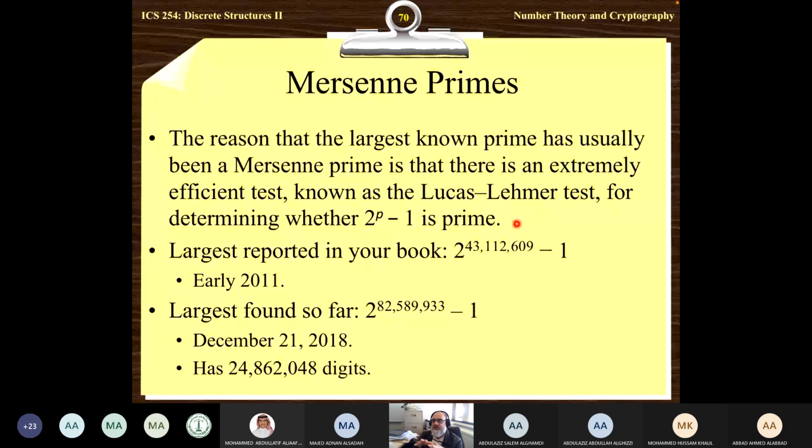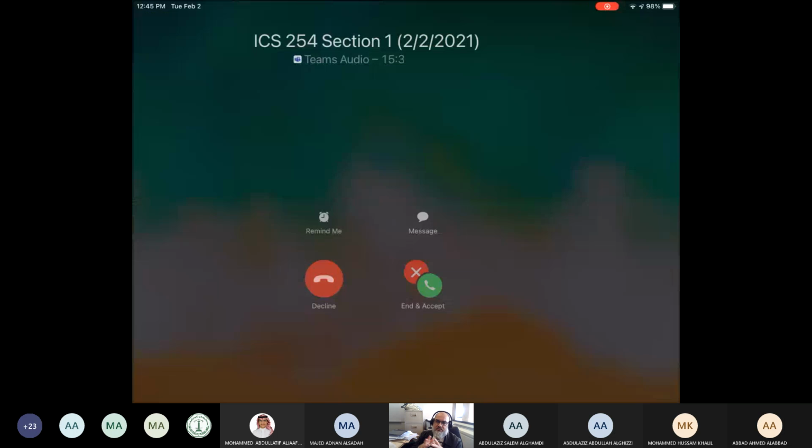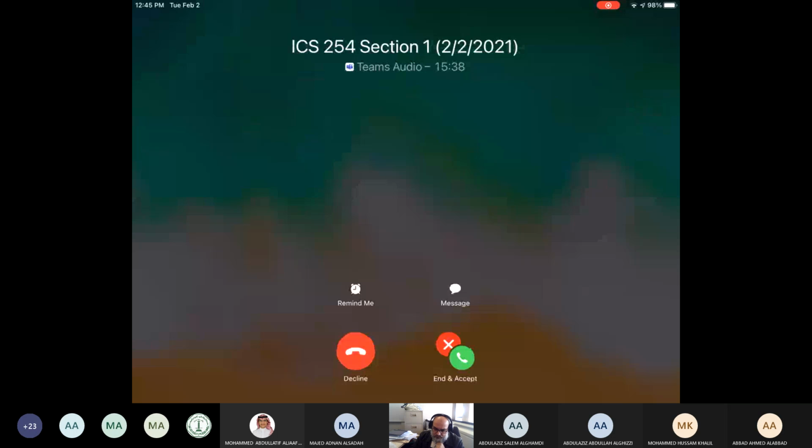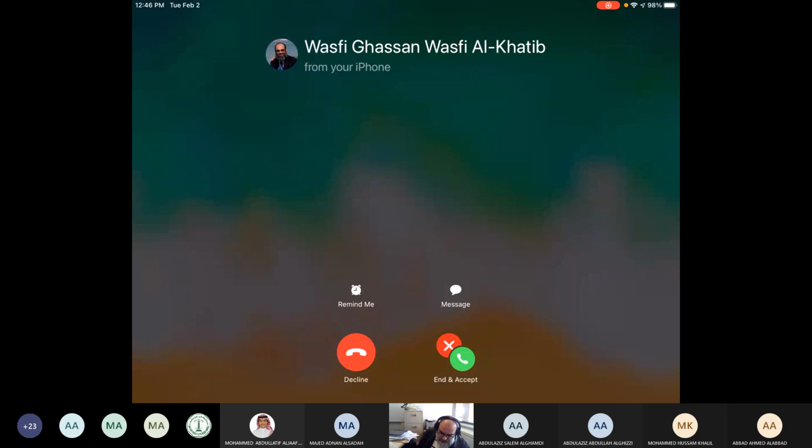Now I don't know actually what that test is or how it works, but if you are interested, you can just Google Mersenne primes. There is a whole society and web page, GIMPS, I think, where people around the world who are interested in finding the largest known Mersenne prime share what's happening.